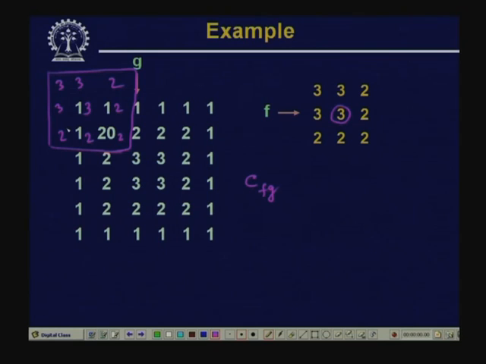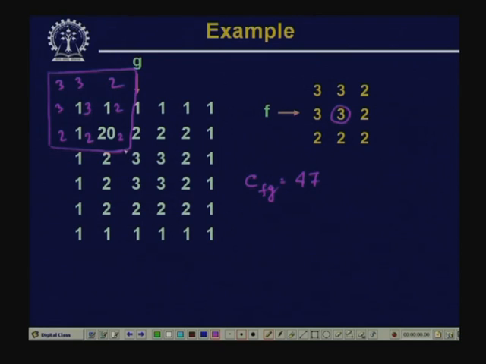The cross correlation will be computed only considering these 4 elements. And here if you compute, you will find that this CFG for this particular position, for this particular shift, will attain a value of 47, because here it is 40 plus 2 plus 2 plus 3. So, this assumes the value of 47.